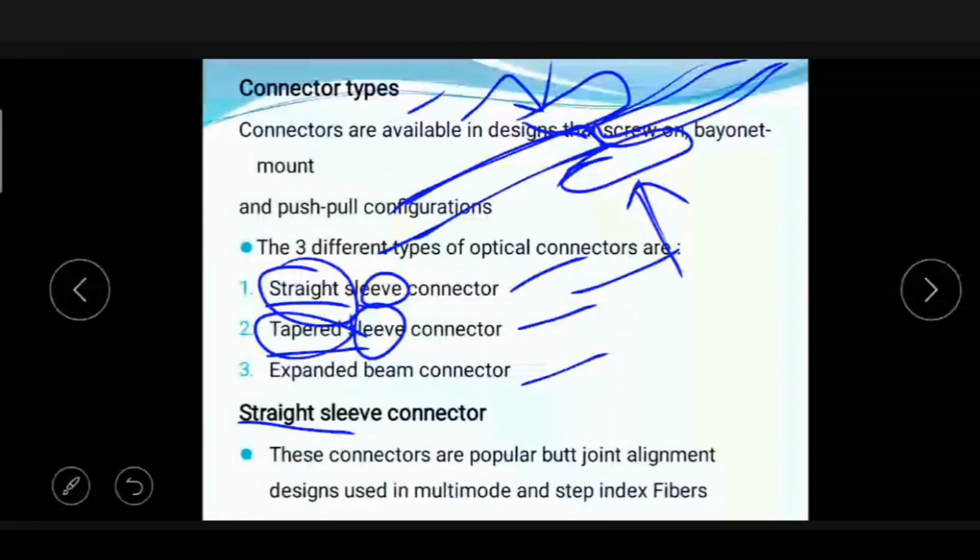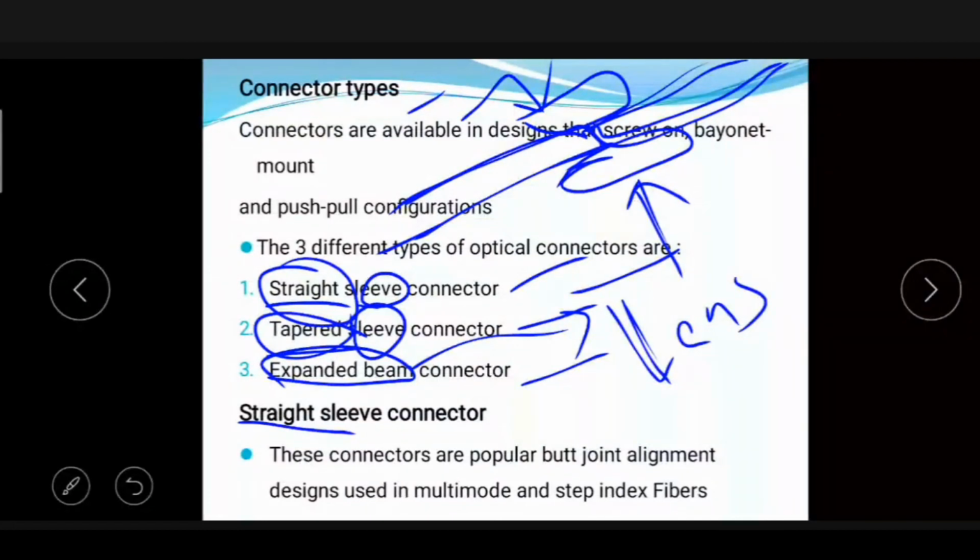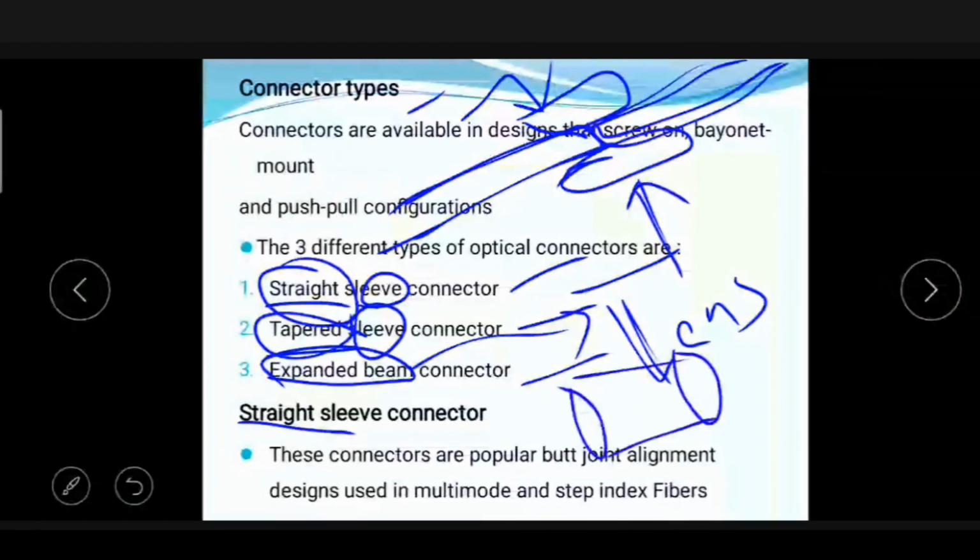Then the expanded beam connector is based on lenses, what we call a collimating lens or focusing lens. So this is based on expanding the beam from one lens to another lens, and how the light is collimated or how the light is focused. One fiber, another fiber. Transmitting fiber, receiving fiber.